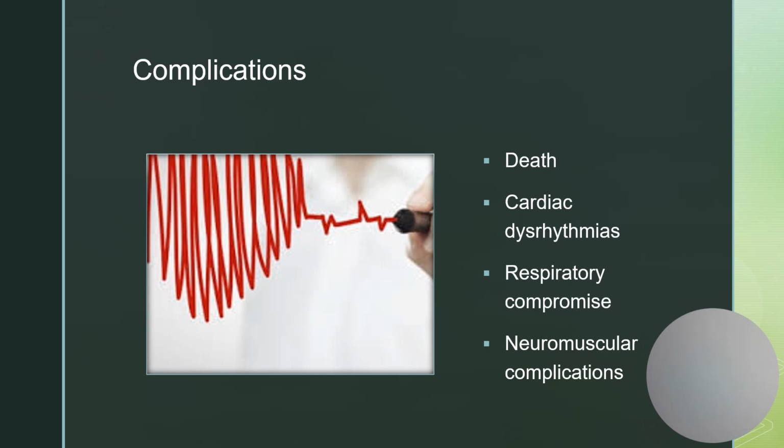Now, these are not the only things that these imbalances are going to encompass, but these are some of the most important things about these electrolytes. You need to remember these. And we'll go over those more thoroughly in another presentation.